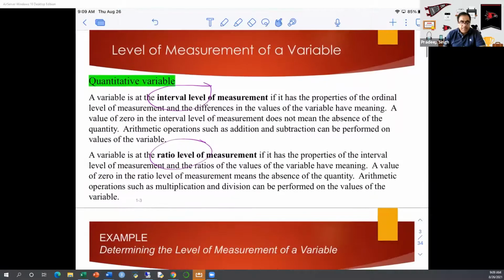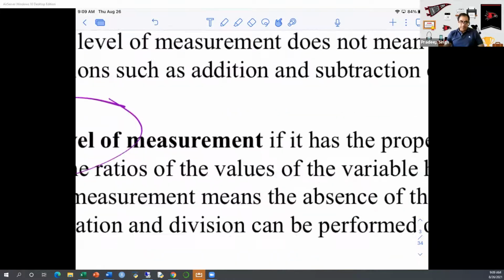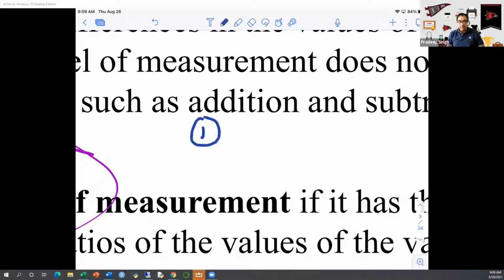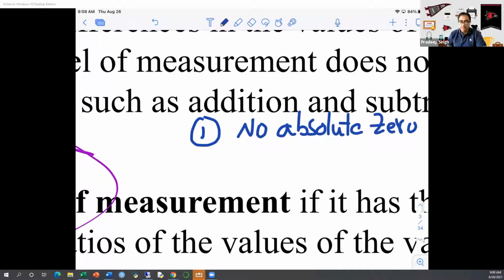Now, similarly, the quantitative variable also has 2 levels of measurement. One is interval, and the second is ratio. Now, 2 important things, and I'm going to explain that with an example. For interval, there is no absolute zero. Right? There is no absolute zero.